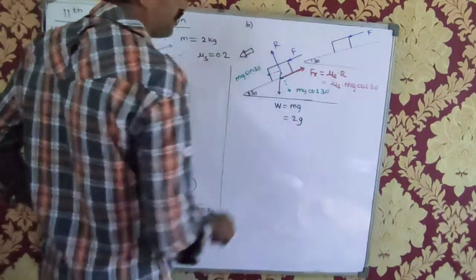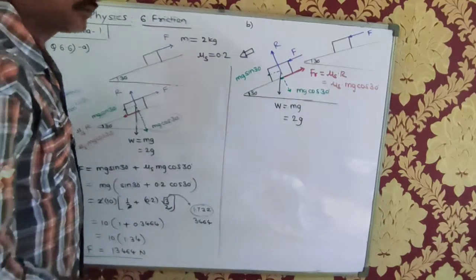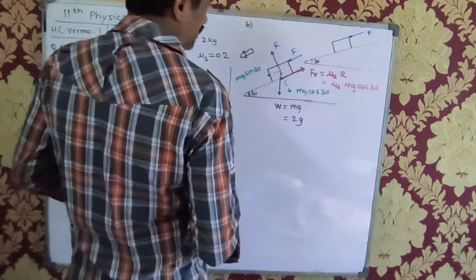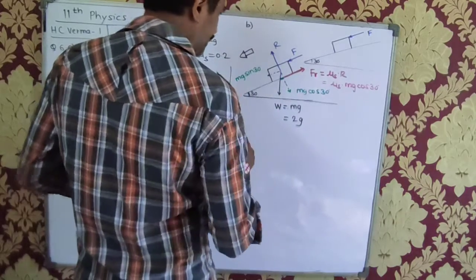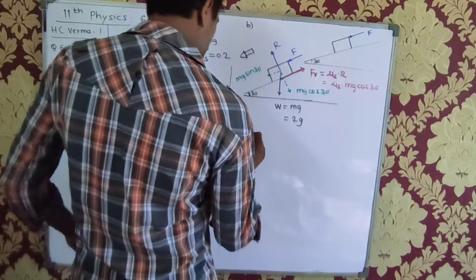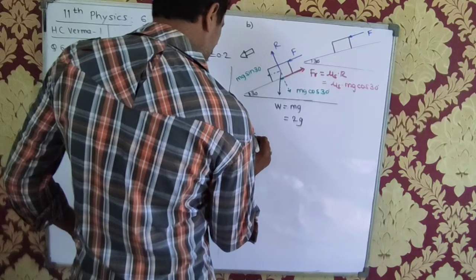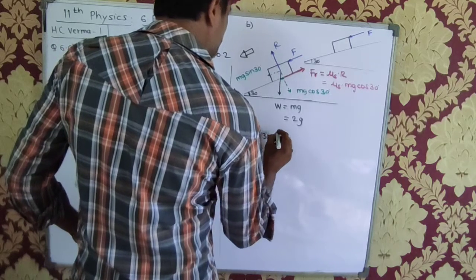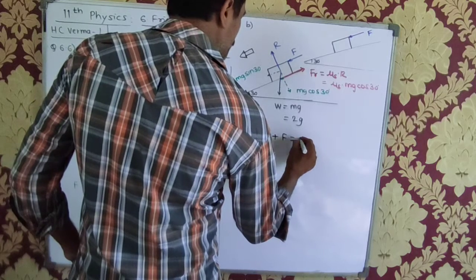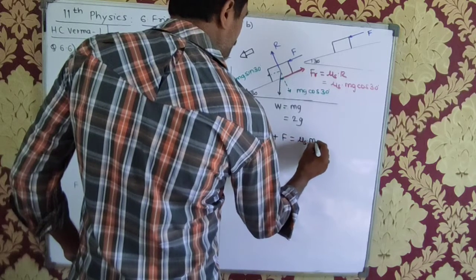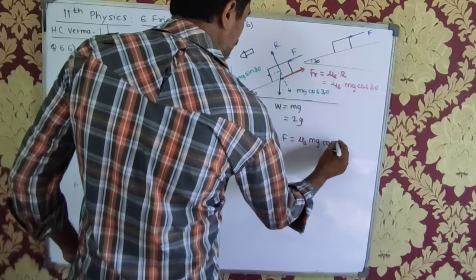Now downward force is equal to upward force. Now tell me, downward forces, this plus this is equal to this. What will come? mg sin 30 plus f is equal to mu s mg cos 30.